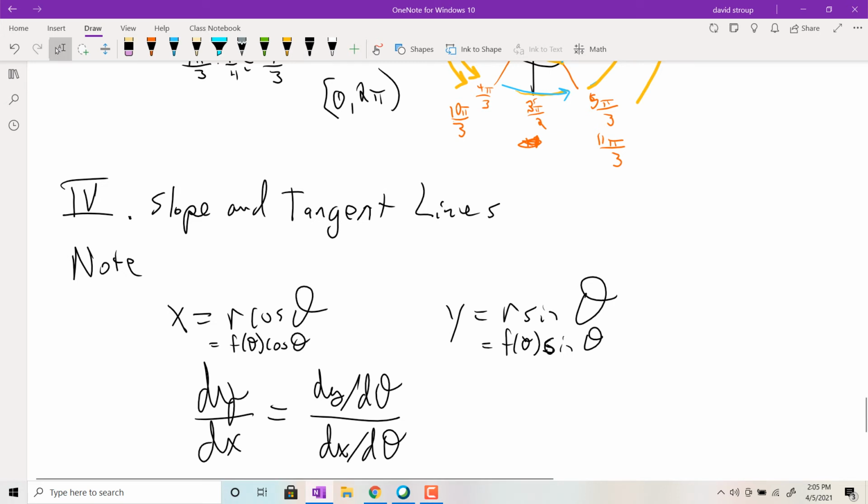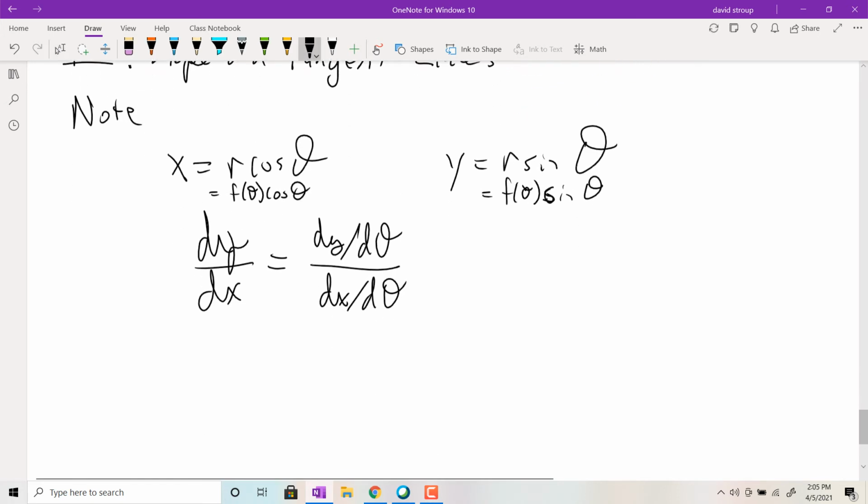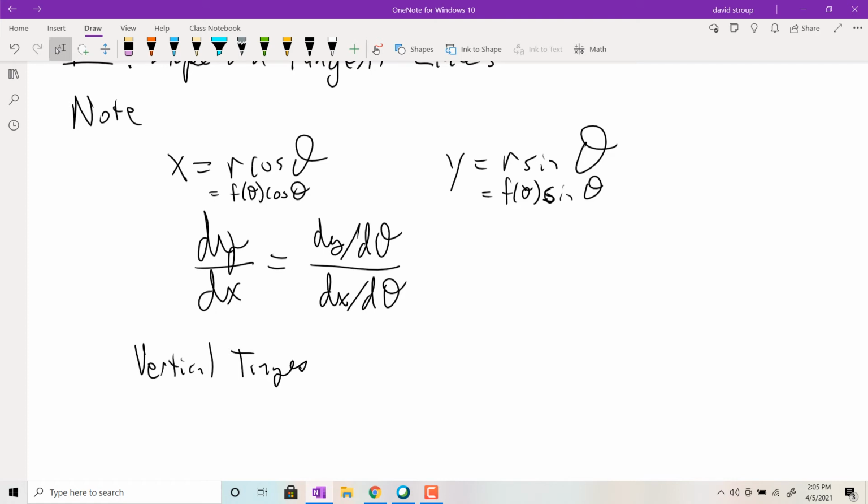And then if you need horizontal and vertical tangents, like you probably will, for the vertical tangents, that's where dx with respect to d theta is 0, but dy with respect to d theta is not 0.